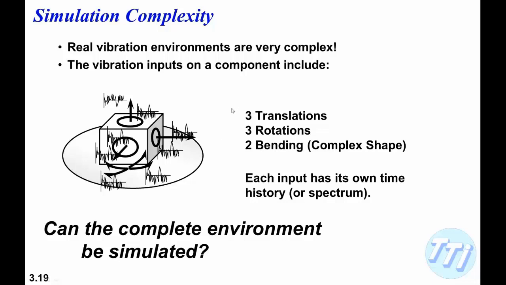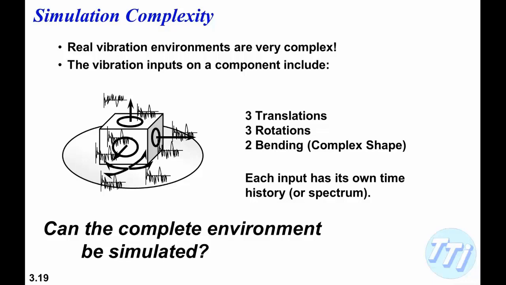And it is important that we emulate the boundary conditions correctly, and we'll talk about that a good deal when we talk about shaker testing. Should the box be mounted on a rigid table, or should it be mounted on something that's soft, that emulates the real mounting conditions for the box?